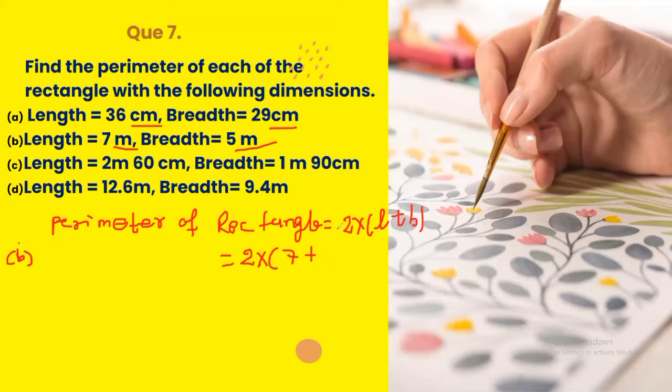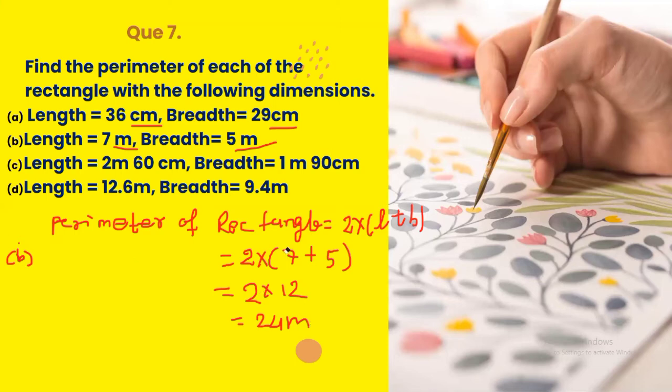Add first: 7 plus 5 is 12, and 12 multiply 2 is 24. So the answer will be 24 meter. This is the perimeter of option B, where length is 7 meter and breadth is 5 meter.